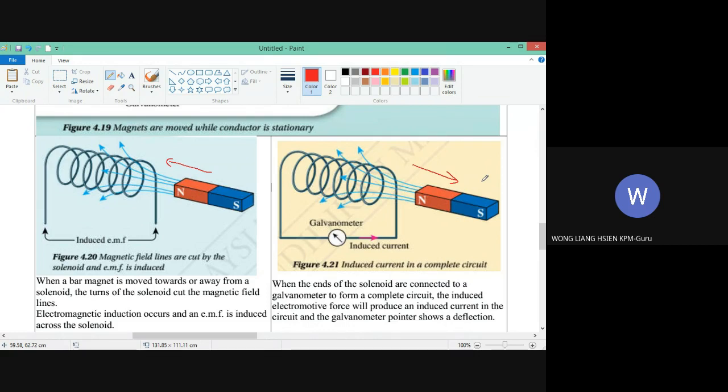So that means the direction of the induced EMF will also be different. When you push in, the direction of the induced current is one direction. When you pull out, the direction of the induced current will be in the opposite direction. So different direction of cutting, then different direction of induced EMF.